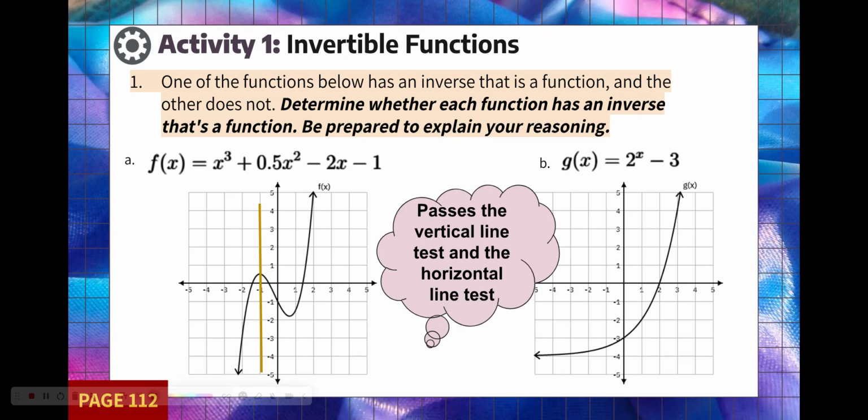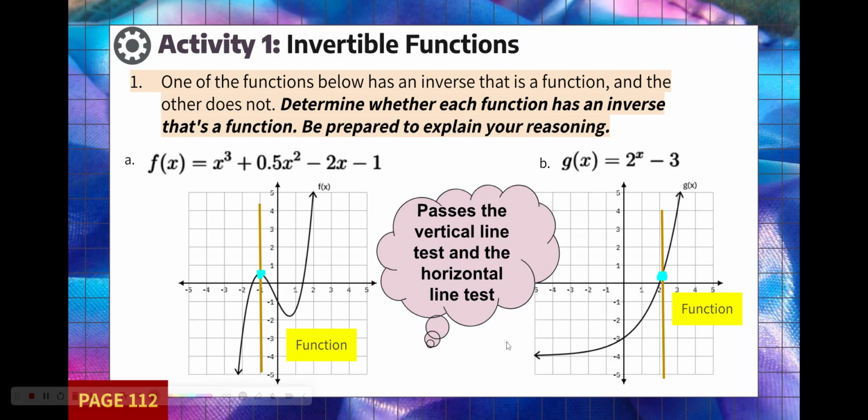So this is a function. This is also a function, because the vertical line test touches exactly one point on the graph. You see that? Meaning this is a one-to-one function. One input, one output. One output, one input.